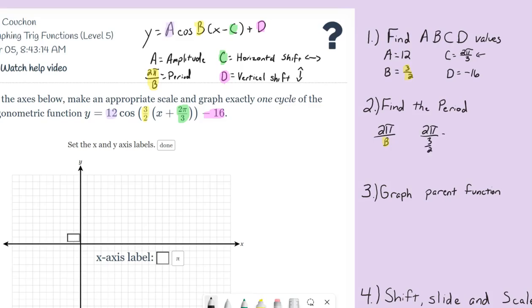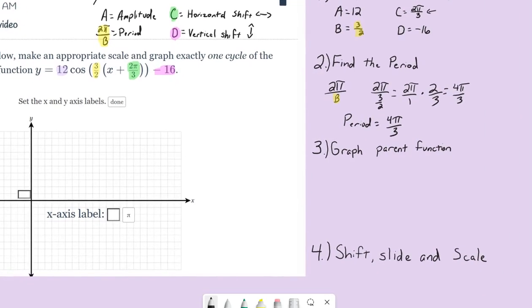That might be a little intimidating, but just think of it as a division of fractions. So we have 2 pi over 1 times the reciprocal of the denominator, which is going to be 2/3. And then I will just multiply those, and that's going to be 4 pi over 3. So the period is 4 pi over 3.